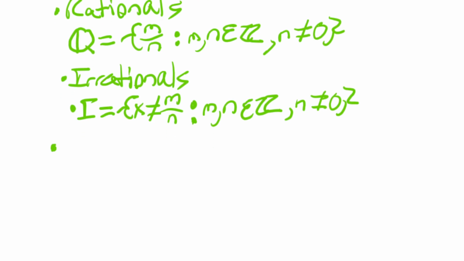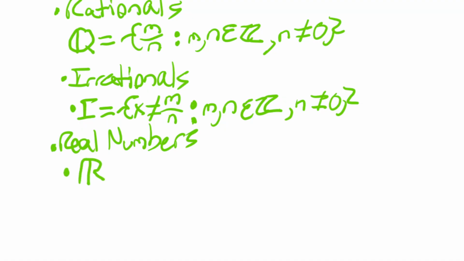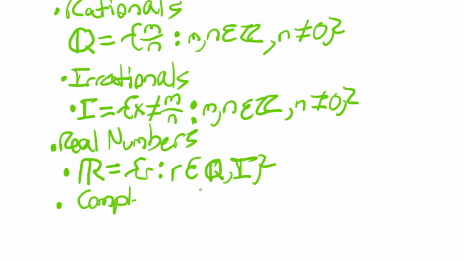Then we have real numbers. It's represented by an R. Where R is a rational and an irrational number. So basically the real numbers is all the rational and irrational numbers. Then we also have complex numbers.